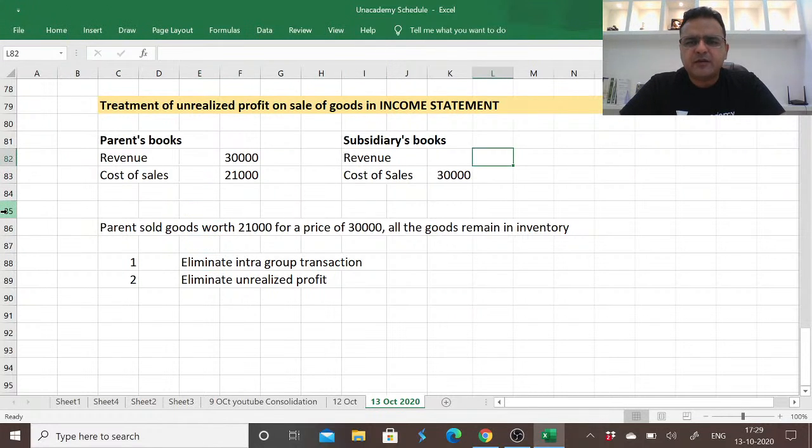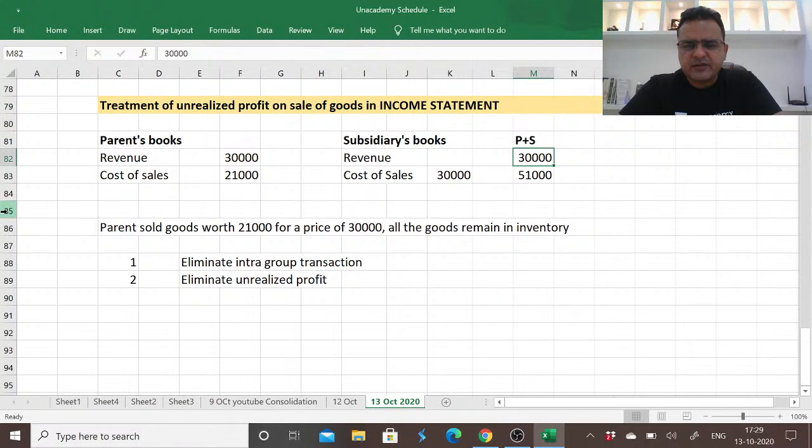Now when we add up P plus S, revenue plus revenue, it turns out to be 30,000. Cost of sales of parent plus subsidiary is equal to 51,000, that is 21,000 plus 30,000, it is 51,000.